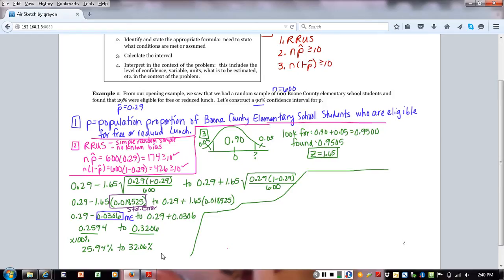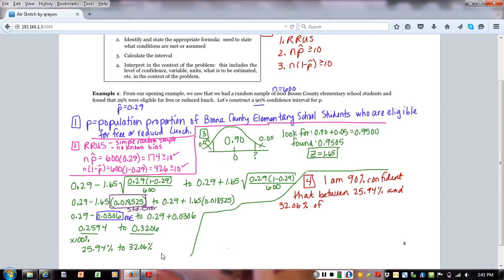All right, our last step here is to interpret. So interpretation is going to start with how confident you are. So we are 90% confident that, and then what our interval is, so between 25.94% and 32.06% of.